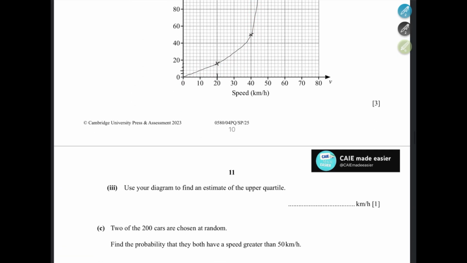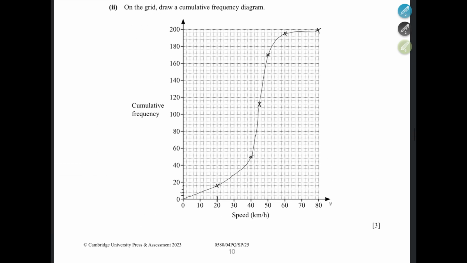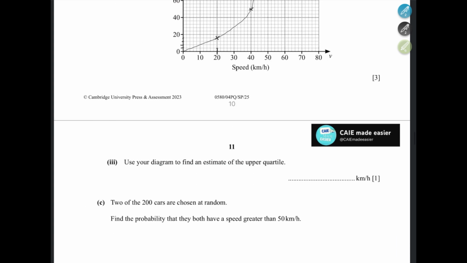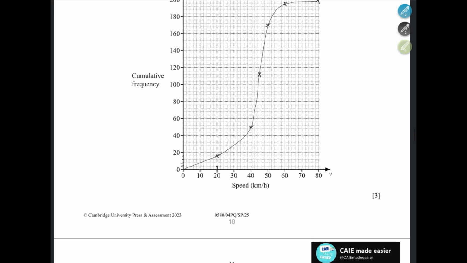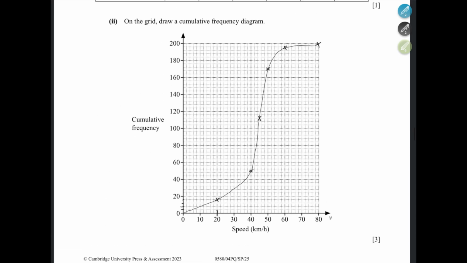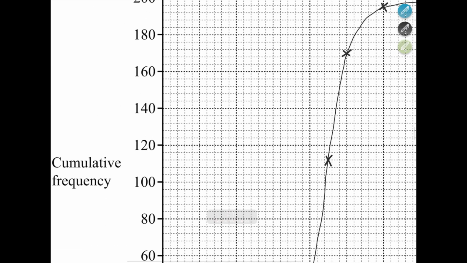Now, use the diagram to find an estimate of the upper quartile. So you're going to multiply 200 times 75%, which is 150. So let's find out what the speed is at 150. 144, 148. This is 150.